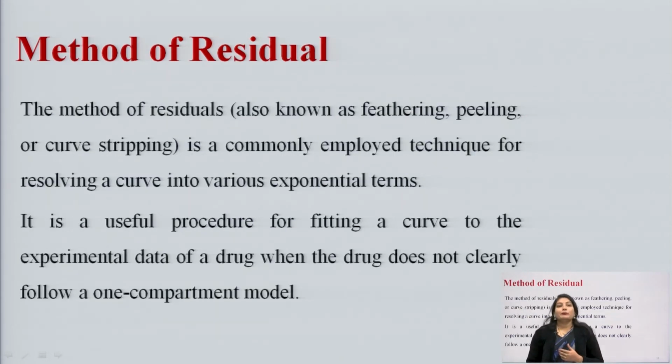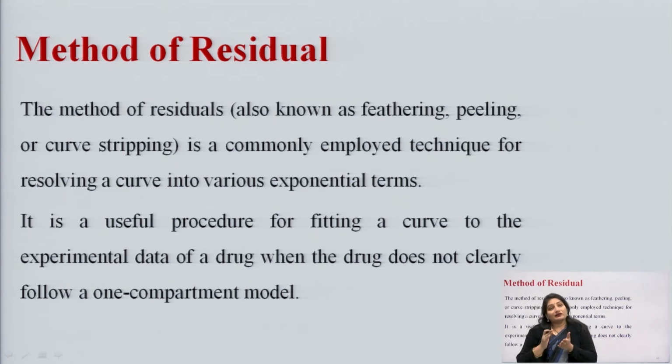Now, the method of residuals. What is this method of residuals? This method of residuals we can also call the method of feathering, peeling or curve stripping. It is a very commonly used technique for resolving a curve into various exponential terms. Because, as I have told you previously, in the two compartment model we get a bi-exponential equation.